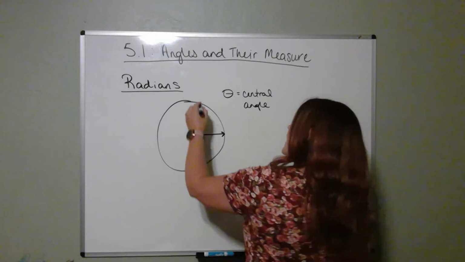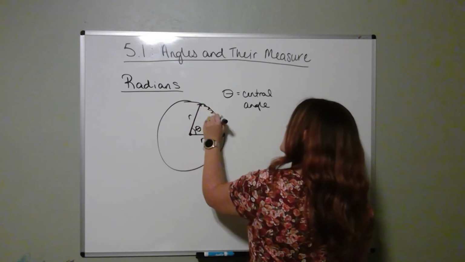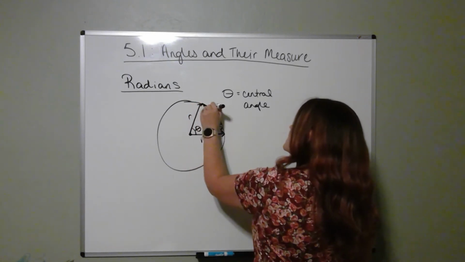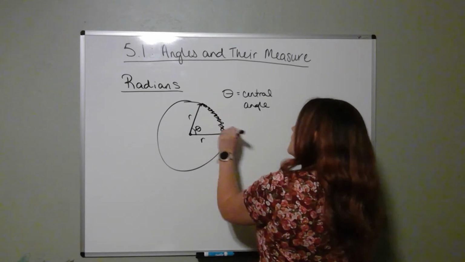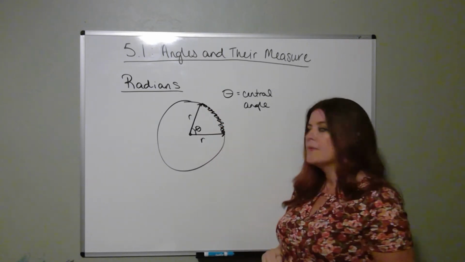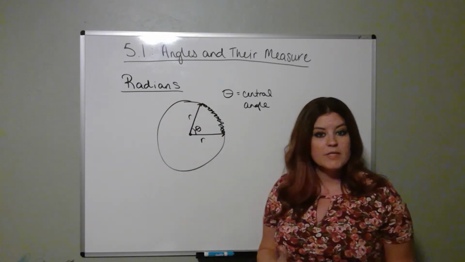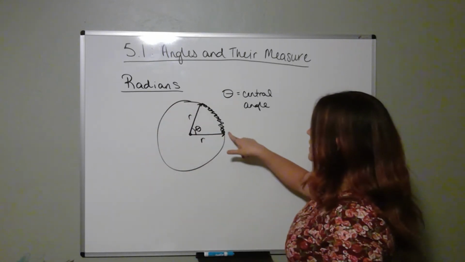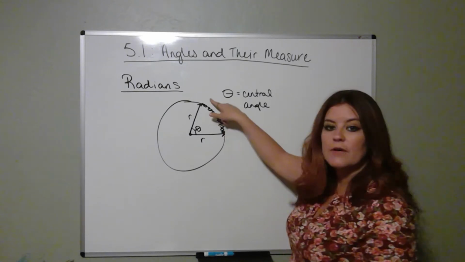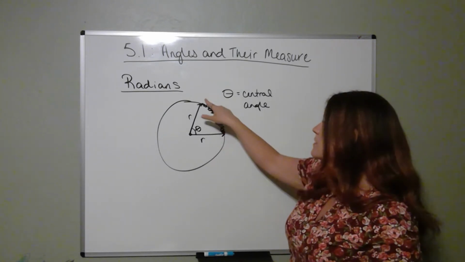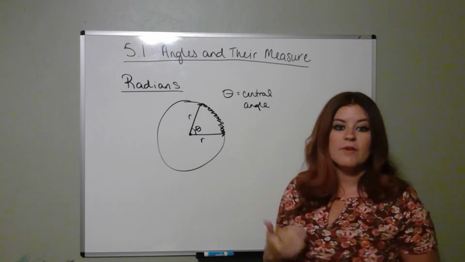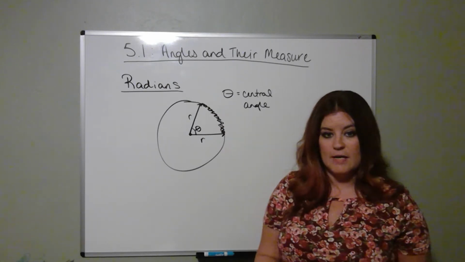And then the last thing we need is to talk about this little piece of the outside of this circle. You guys, the whole way around the circle is the circumference, right? Well, my angle has intercepted part of this circumference, and I need to know the length of this to help me find the radian measure of the angle.